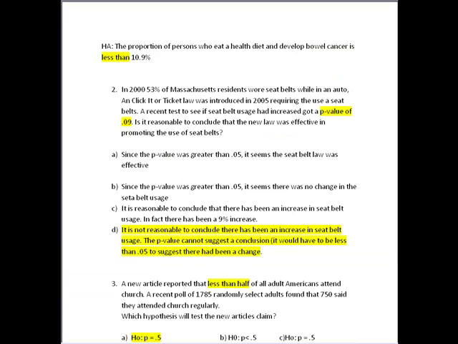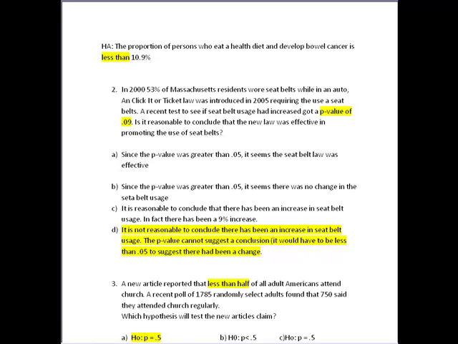Second problem. In the year 2000, 53% of Massachusetts residents wore seatbelts while they were in the auto. A click-it or ticket law was introduced in 2005 requiring the use of seatbelts. A recent test to see if seatbelt usage has increased got a p-value of 0.09. Is it reasonable to conclude that the new law was effective in promoting the use of seatbelts?